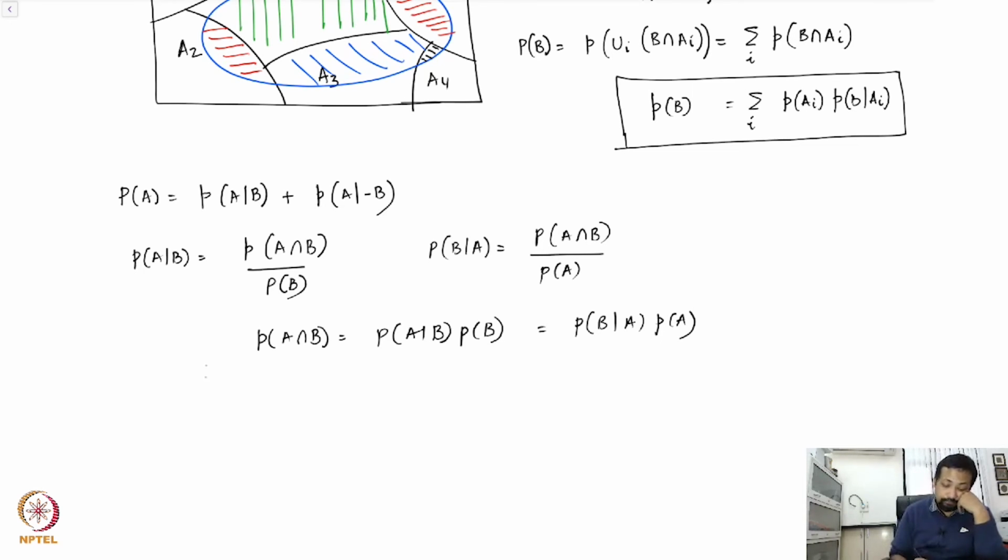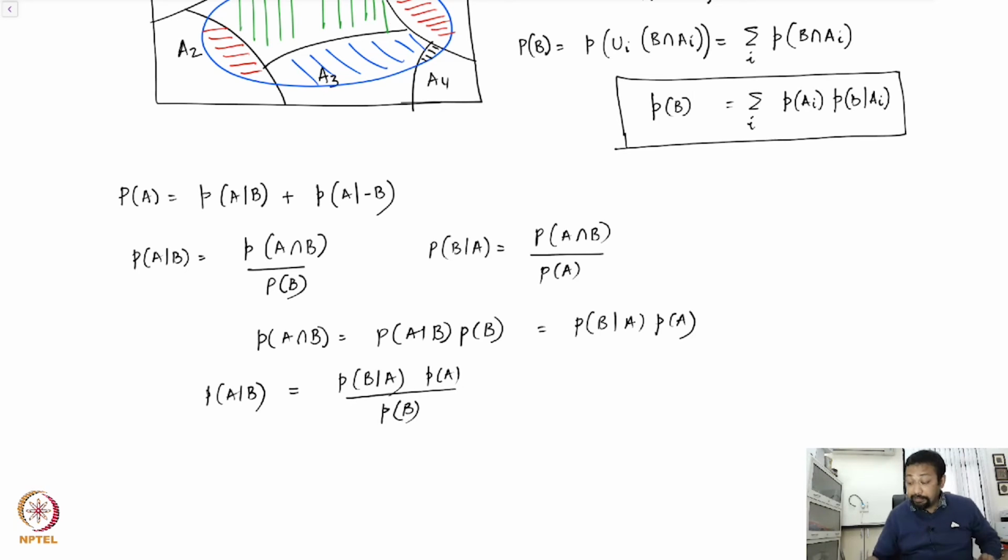Therefore, I can write the conditional probability of an event A given B has happened as the probability of B given that A has happened times P of A divided by P of B, right?